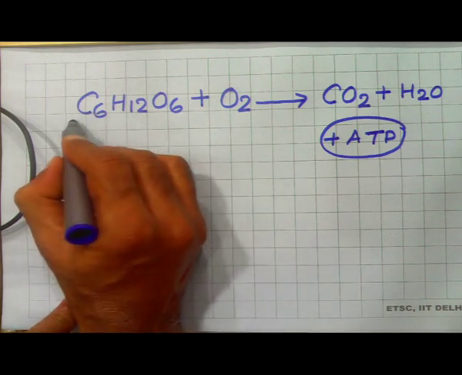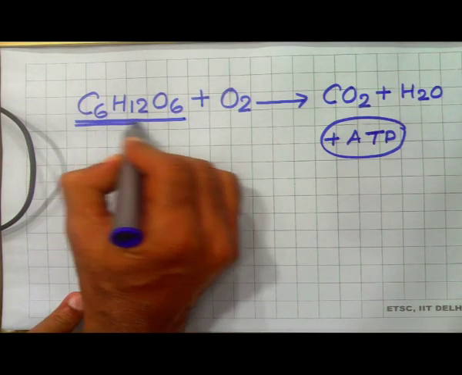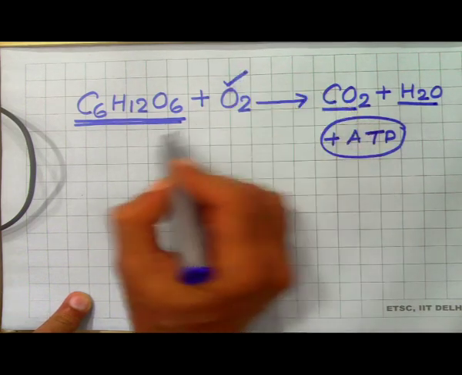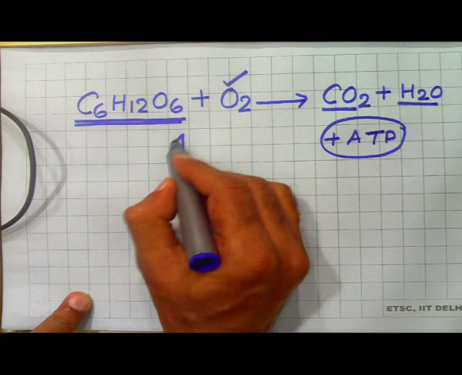So, the catabolic process is the breakdown of organic molecules into simpler form, in presence of oxygen, that is called oxidation. So, this process is called catabolic process.